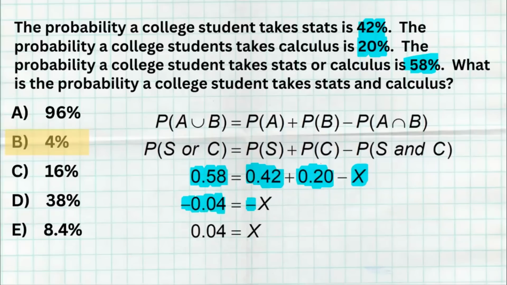But we also have this negative left on the X that we have to get rid of, so you can multiply or divide both sides by -1, and we get X, or the probability of stats and calculus, is 0.04. Knowing how to use that addition formula is definitely going to come up on some multiple choice question on the exam, I promise. Moving on to question number 34.